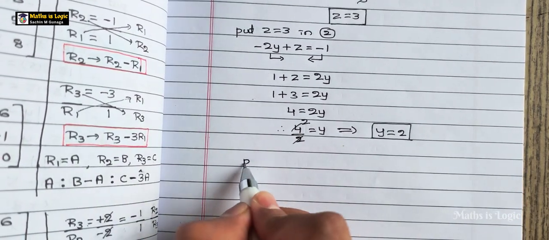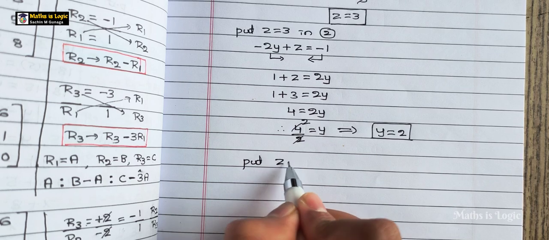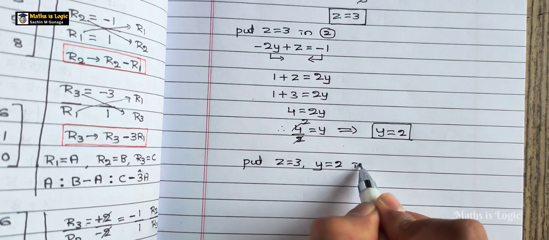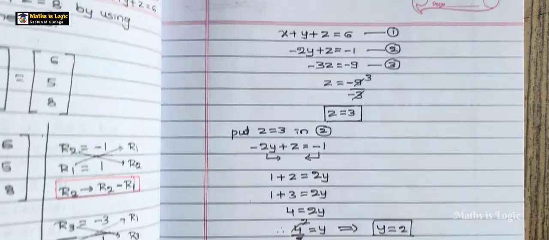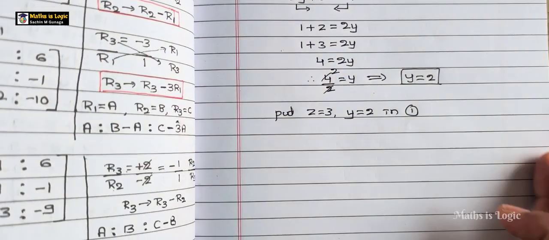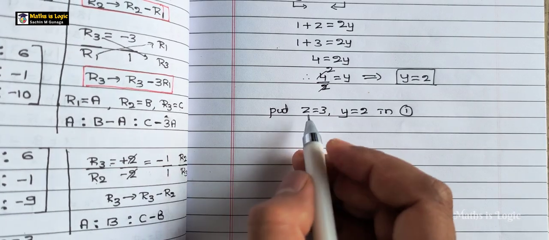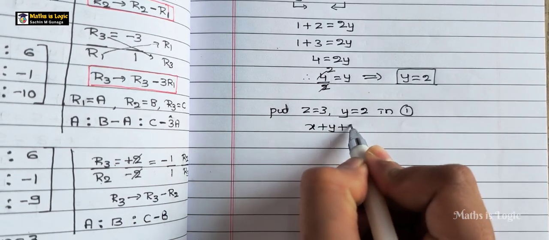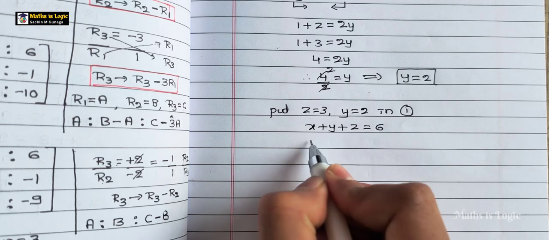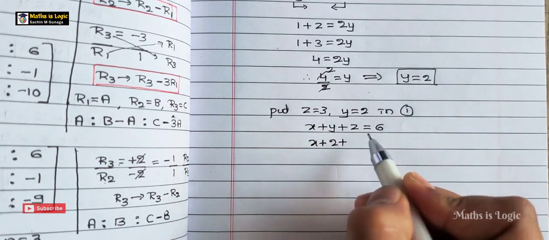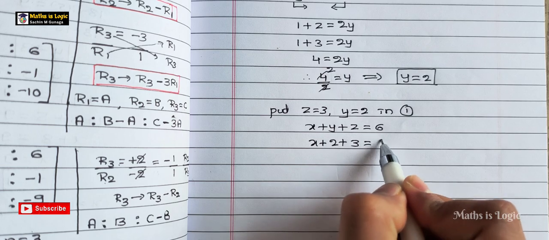Next put z is equals to 3 and y is equals to 2 in equation number 1. So what is equation number 1? x plus y plus z is equals to 6. Correct? Therefore x plus y is 2 plus z is 3 is equals to 6.